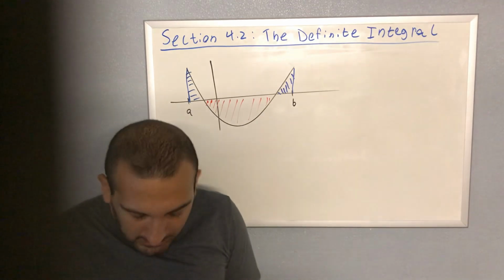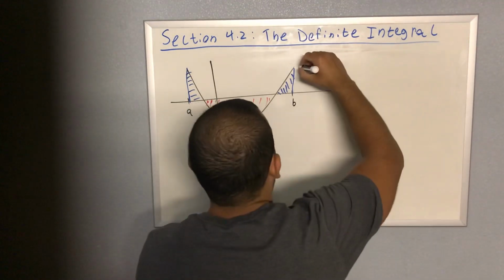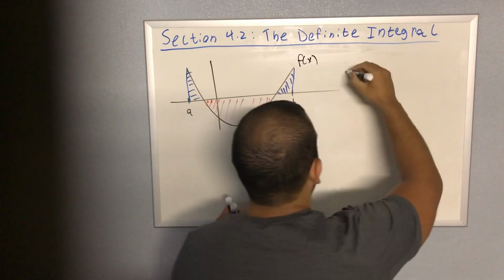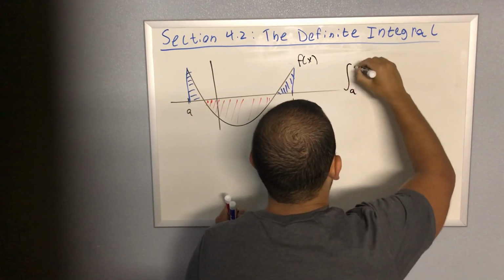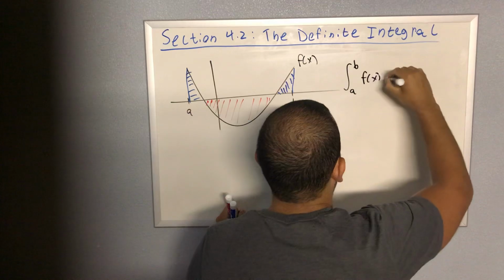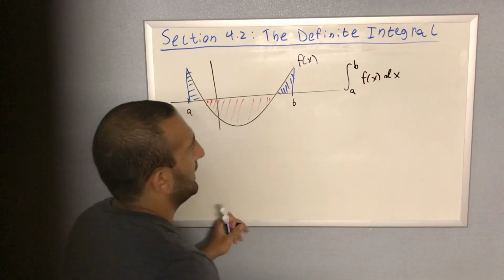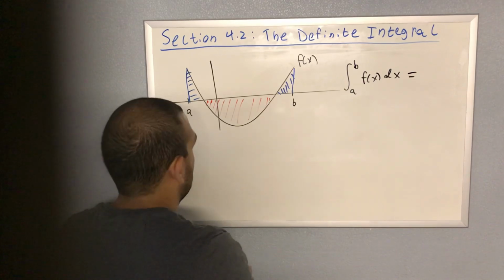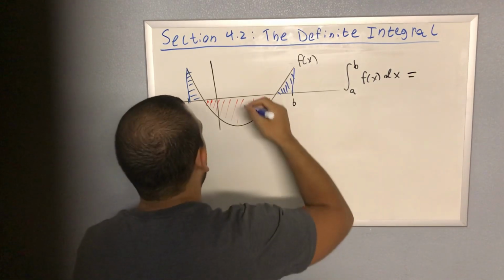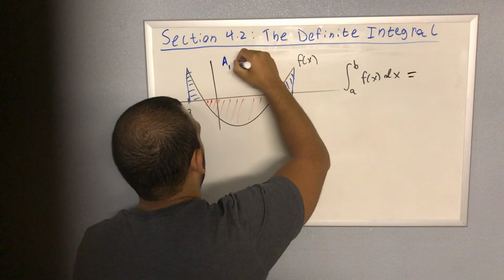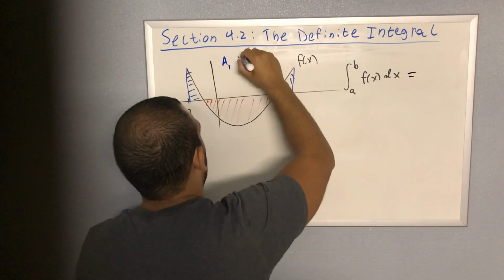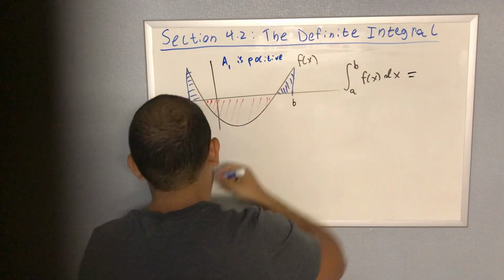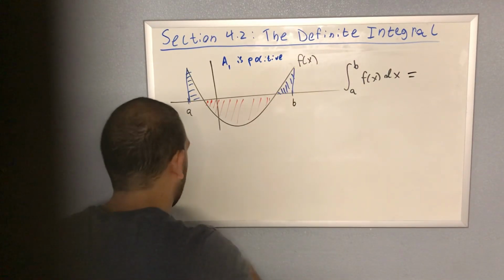But what would this integral be? So if this is our function f of x, the area, aka the definite integral, so the area underneath the curve, would be equal to, let's say the positive area is a1. And then a2 is the negative area.